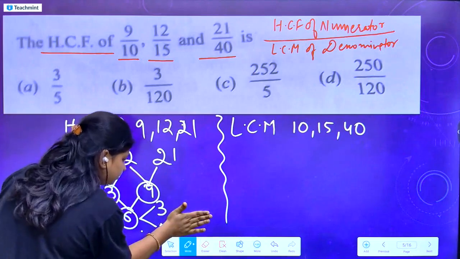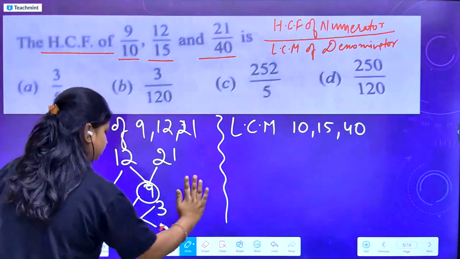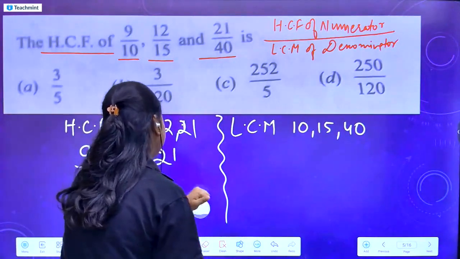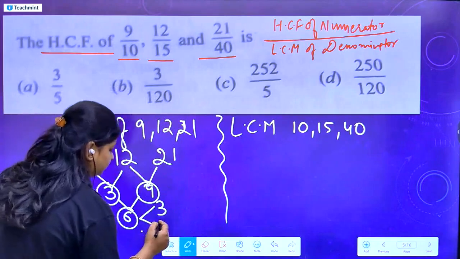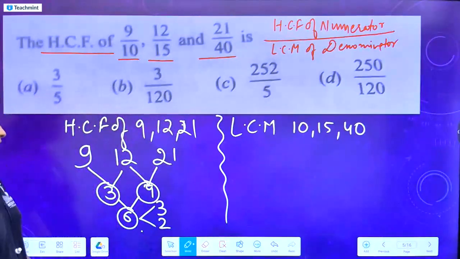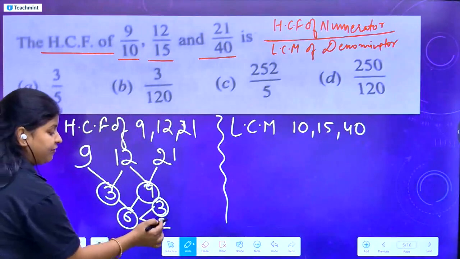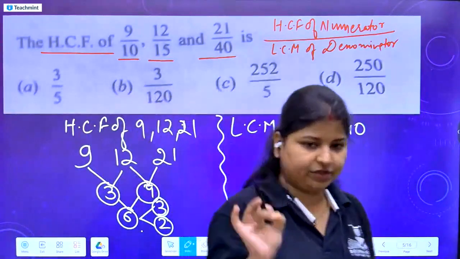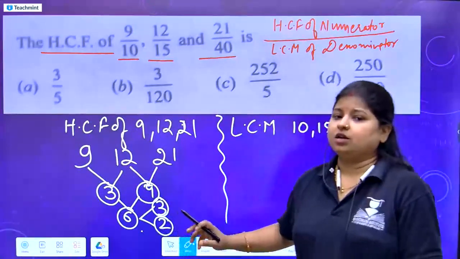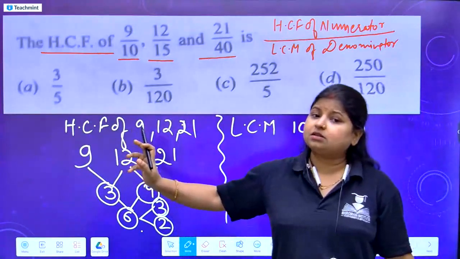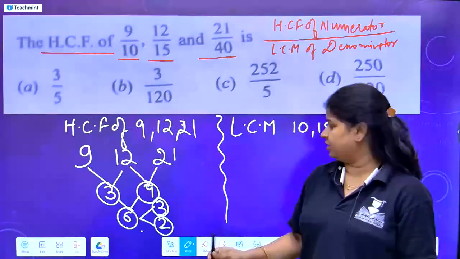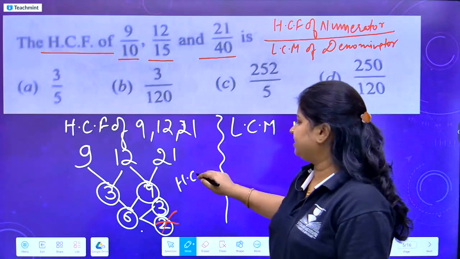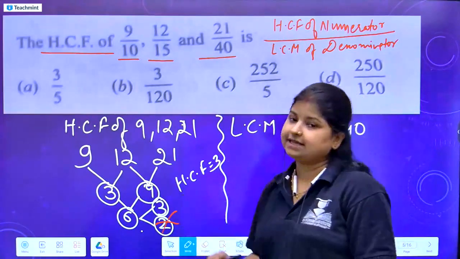See, so now my HCF can either be 3 or it can be 2, right? Does 2 divide all the numbers? No, 2 does not divide all the numbers. So 2 is crossed, that means HCF is 3.